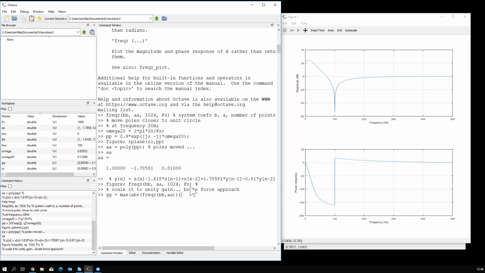I don't care how many points, or at what frequency here. I just want to know these values here. Magnitude response. This actually returns the frequency response, complex numbers, and the absolute value of the frequency response is the amplitude response or magnitude response, and the maximum of that one is the maximum gain.